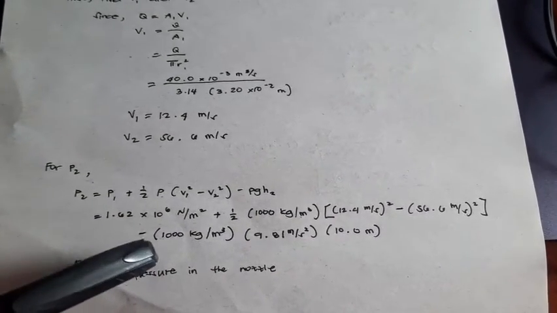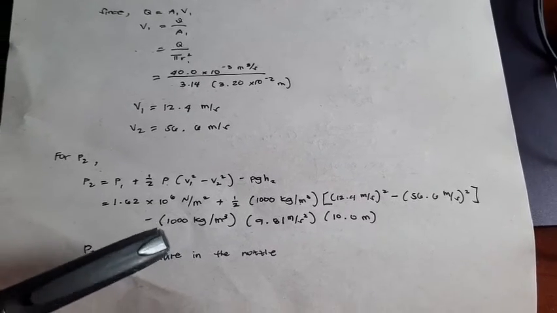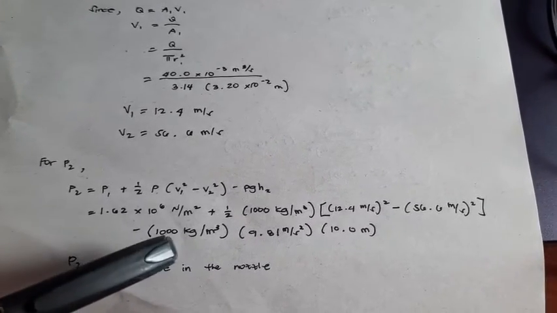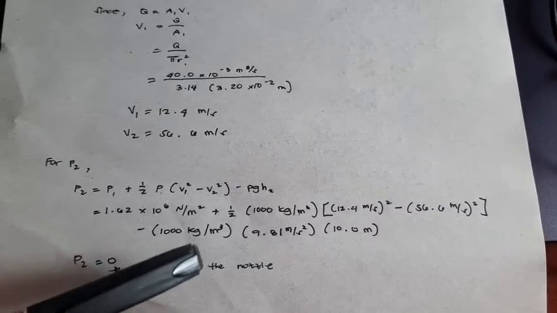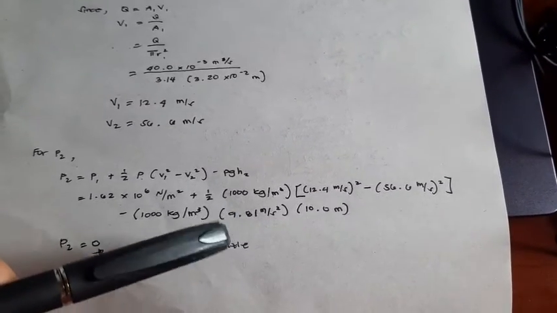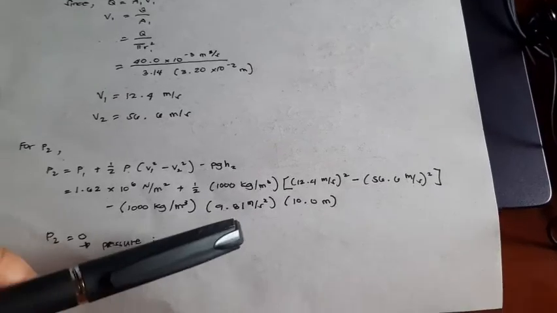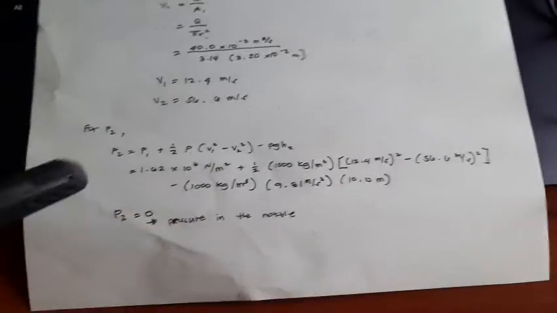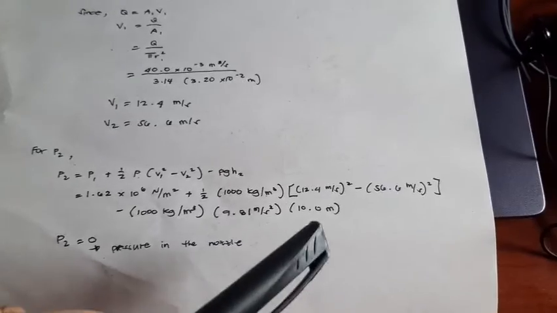We just substitute. Then minus the density, 1,000 kilograms per meter cubed, times the constant value of gravity, 9.81 meters per second squared, times the height, 10.0 meters. Then we just substitute.